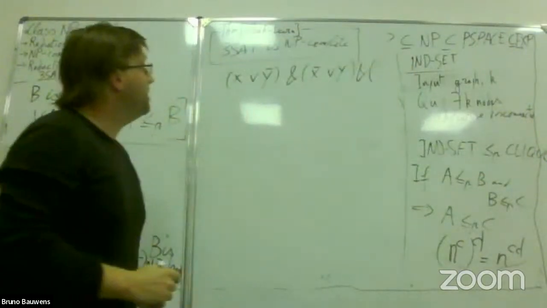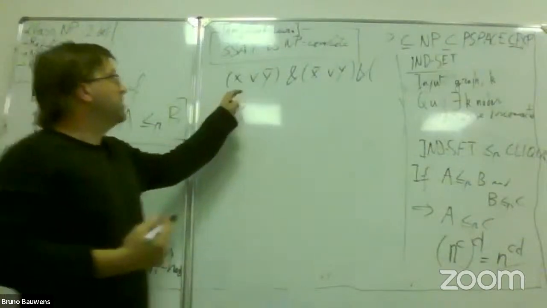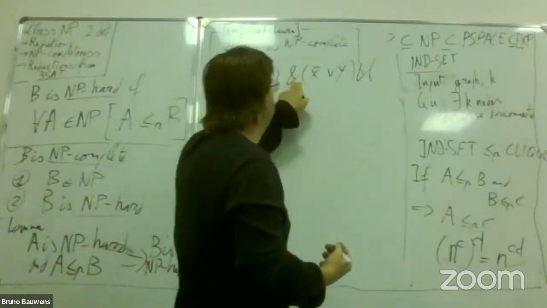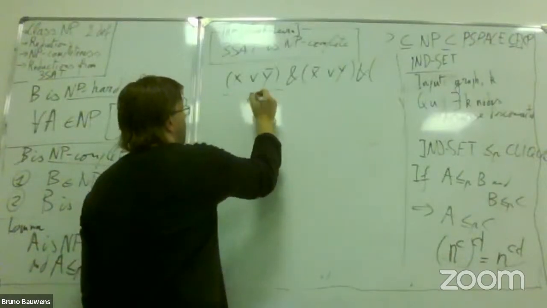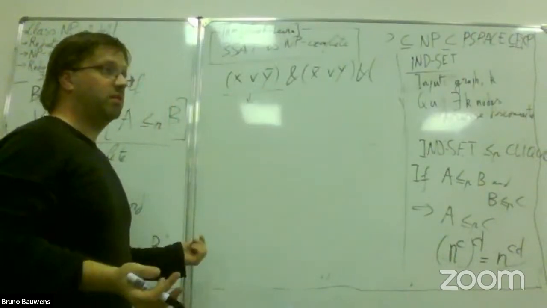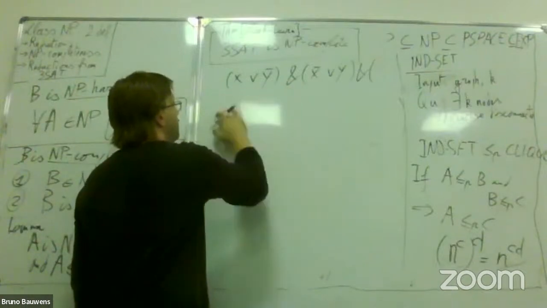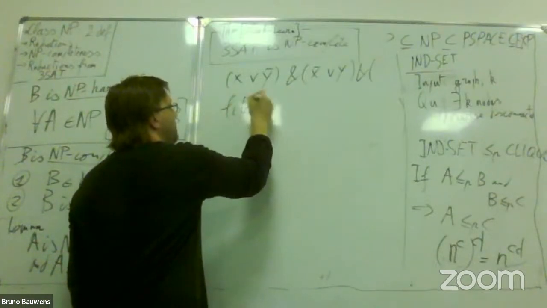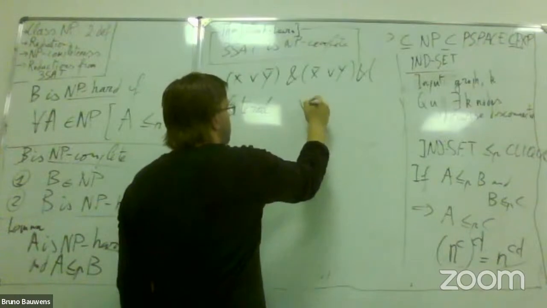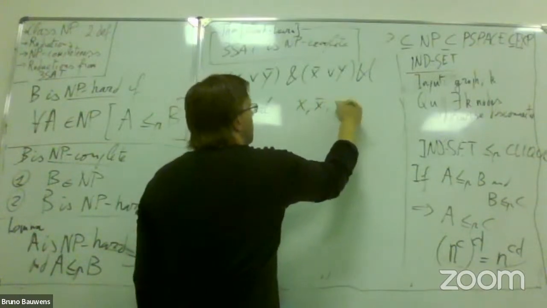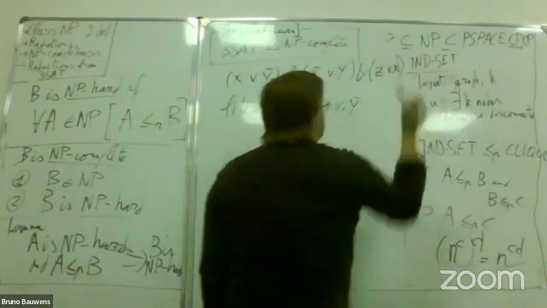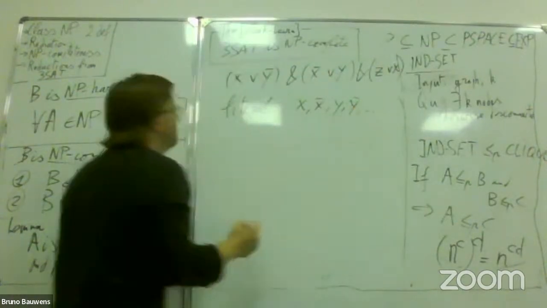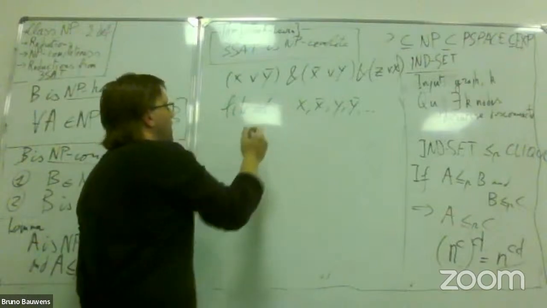A formula in CNF is a formula that consists of ANDs of ORs. A clause is just an OR of several literals. A literal is a variable or its negation: x, not x, y, not y, and so on.